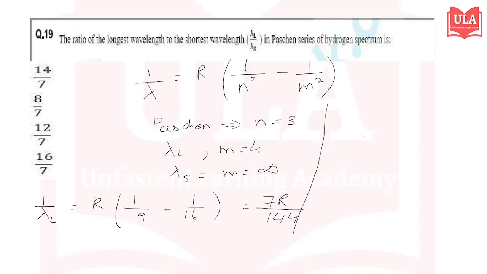Substituting for short wavelength, 1 by lambda S will be equal to R into 1 by 9 minus 1 by infinity, that is nothing but R by 9.